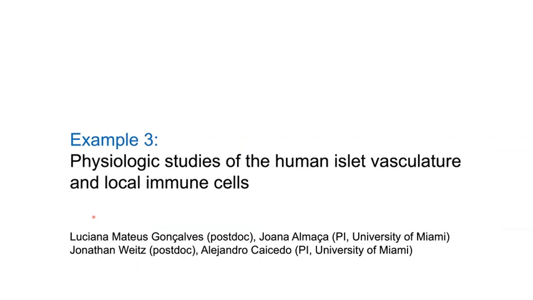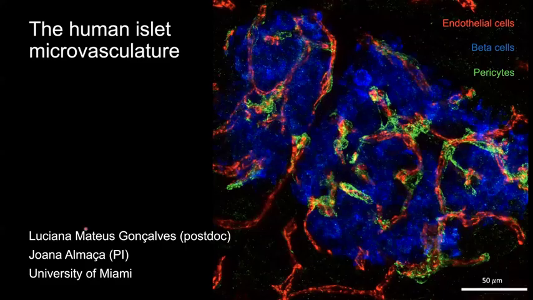They are looking at the physiology of the human eyelid vasculature in adults as well as during development. And we have been interested in looking at the local immune cells that reside within the eyelid. And I will show you what we have done so far.